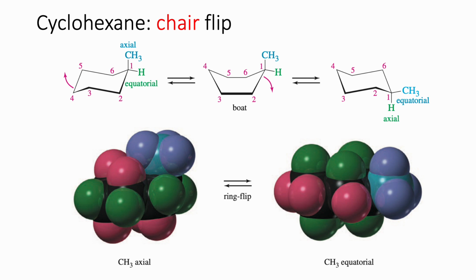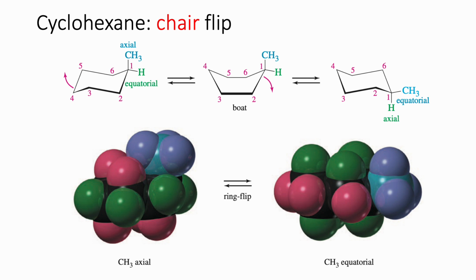So as you saw in the video, drawing a chair flip is an important component of this section. On the test, you're going to be asked to identify what's happening in certain chair flips, but you're also going to be asked to draw the most stable conformation of a certain molecule.